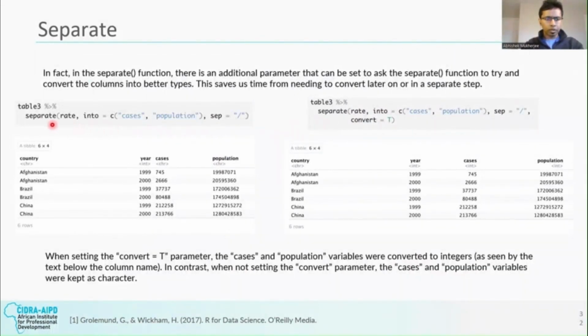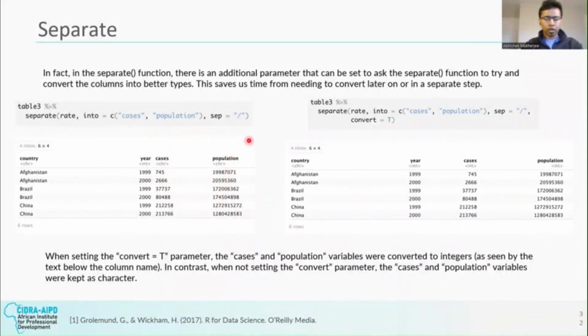When we use the separate function, by default, when the split occurs, R has the new columns, which in this scenario are cases and population, as character columns, which might cause problems downstream, because cases and population are essentially integer columns, as they have integer values stored in them.